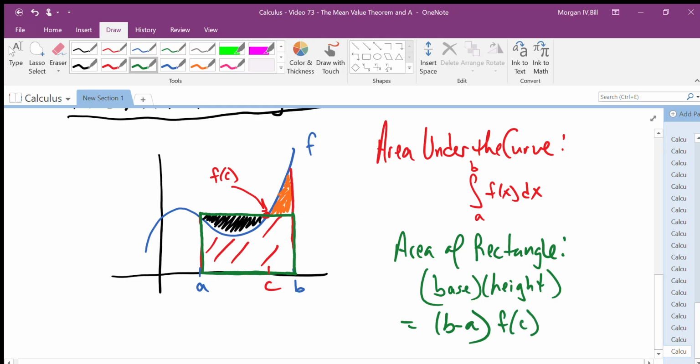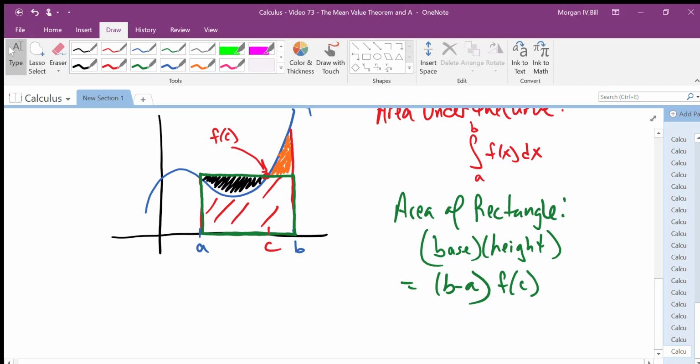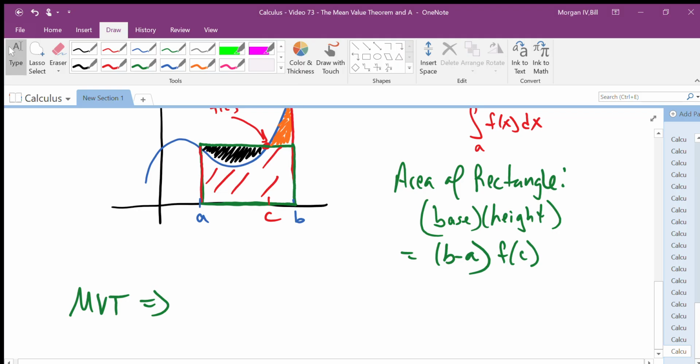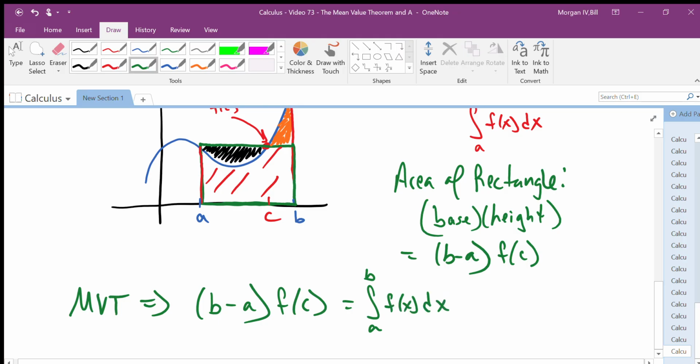And the mean value theorem for integrals says those two things are the same. You can create a rectangle that has the same area as the area under the curve. In other words, there exists a c such that the area of the rectangle, b minus a times f of c, is equal to the area under the curve, the integral from a to b of f of x dx.